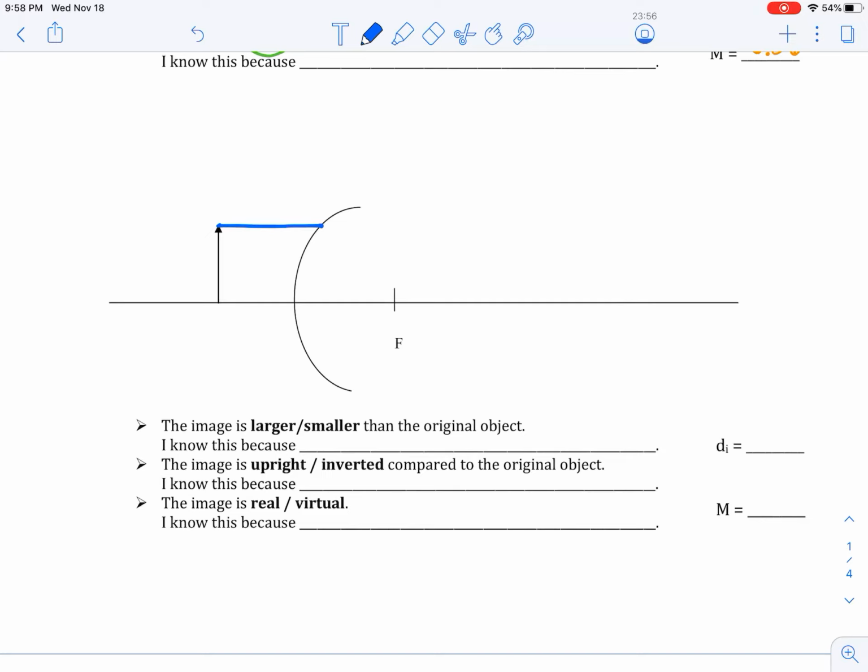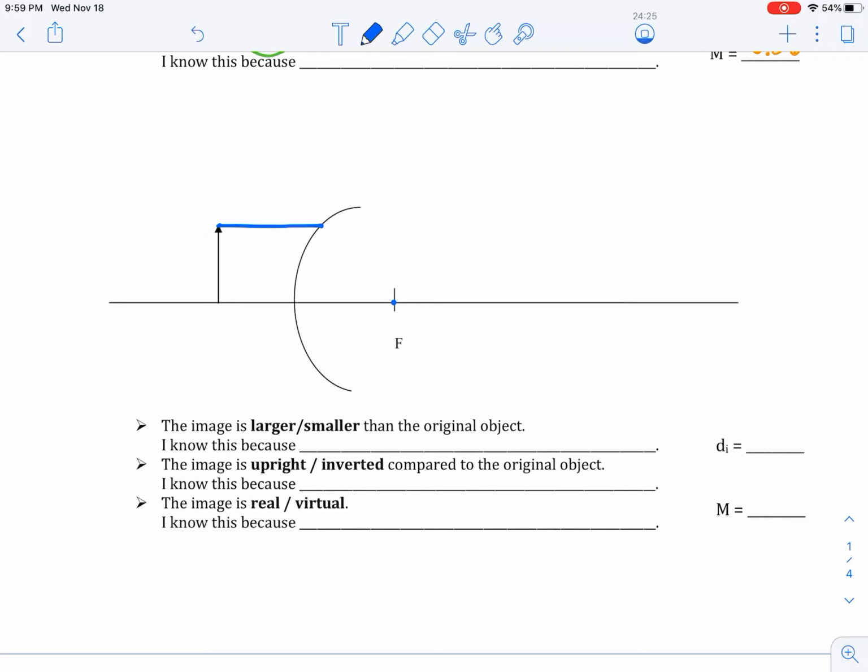So let me repeat myself. This means that your ruler goes through the focus so that you can see the path that the light is going to follow. You are going to use solid lines to draw how the light is actually going to bounce off of your mirror.